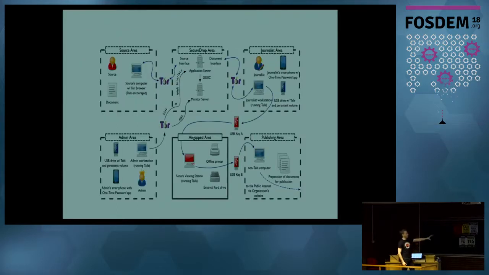So in the current workflow, the source connects via Tor to SecureDrop, the journalist connects to SecureDrop via Tor, and then moves USB sticks around. It's a lot of manual work, and it's a little bit frustrating if you're constantly having to move encrypted USBs back and forth between devices.